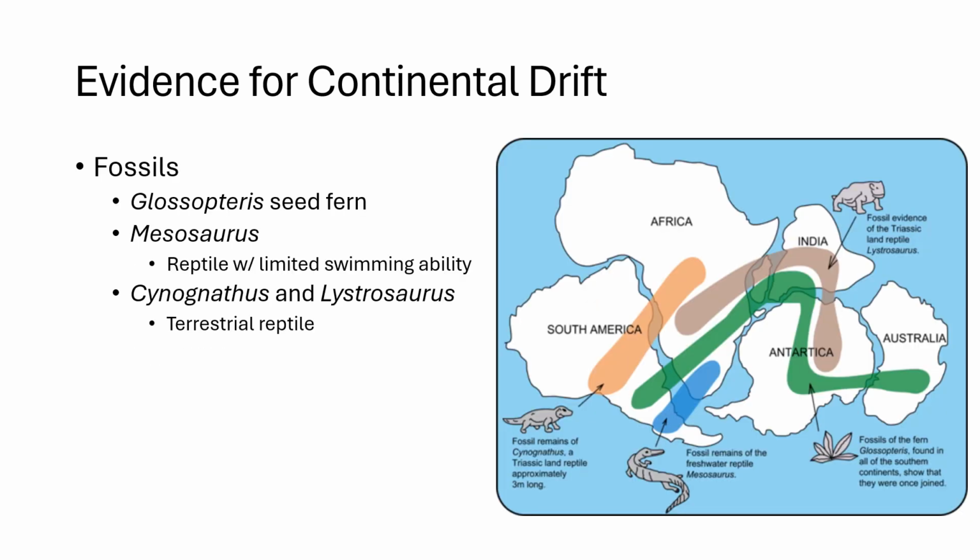Another bit of evidence for continental drift was looking at fossil evidence. Now, fossils themselves can be used to relatively date rock layers. This was something that we mentioned way in the beginning of the semester, but as a rock layer or a sediment layer is being deposited, animals that die, their hard skeletal parts or even sometimes soft tissue is preserved as a fossil.